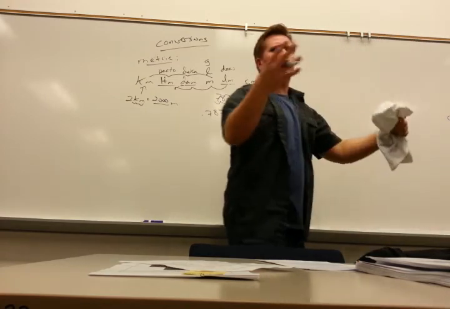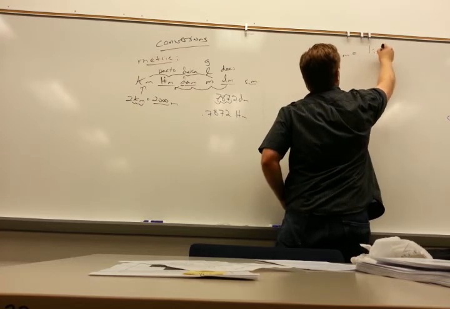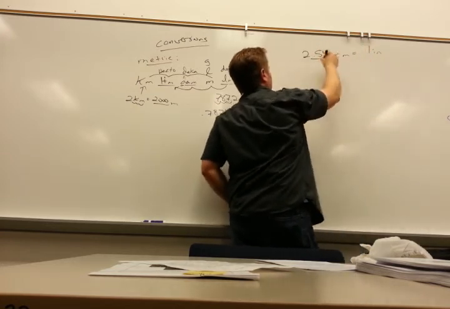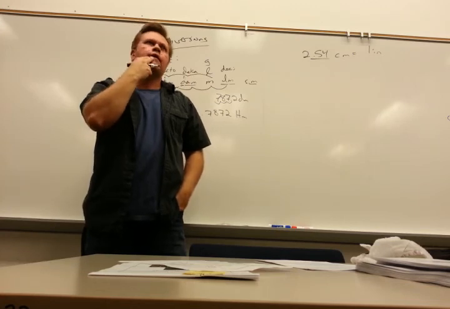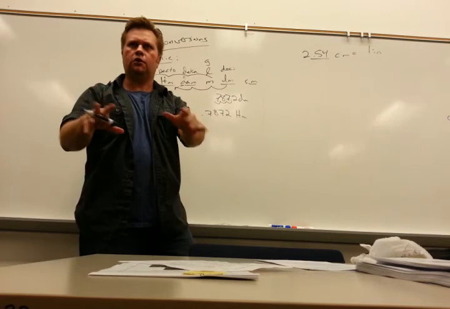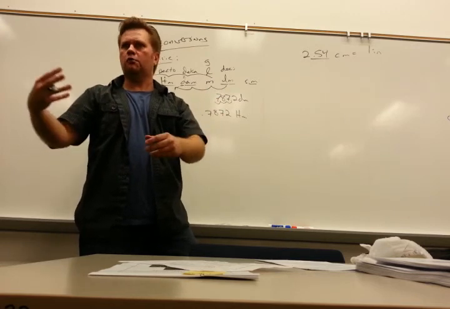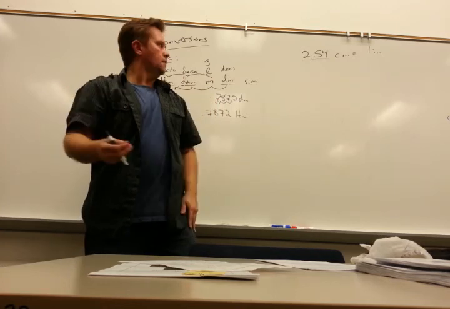So let's go to more general conversions. Does anybody know how many centimeters in an inch? 2.54. Cool. So 2.54 centimeters in an inch. So let me show you. Now some of you guys have no trouble with this at all. That's awesome. Because really when you're converting numbers, it's all about knowing when to multiply and when to divide. That's the key thing.